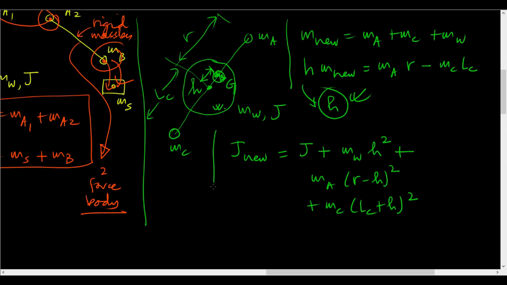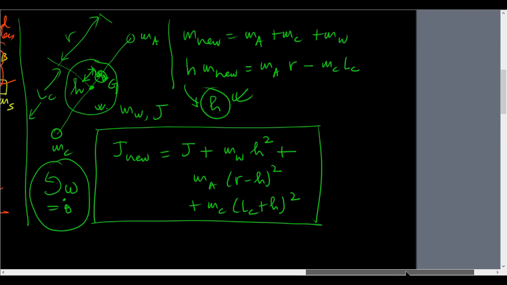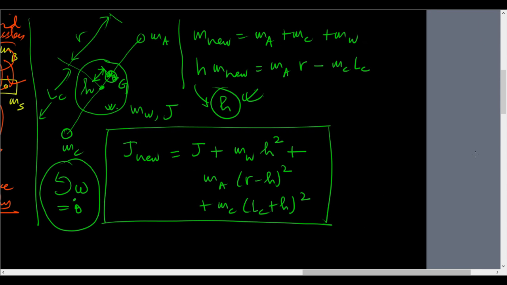So I've got my Jnew. The angular velocity of this body is theta dot. That also I know. Let's see if there is any space here. Not much space.